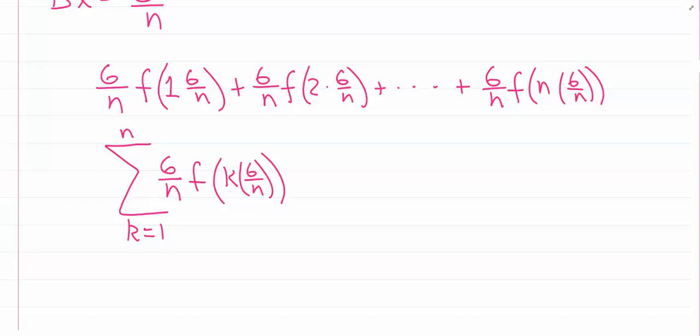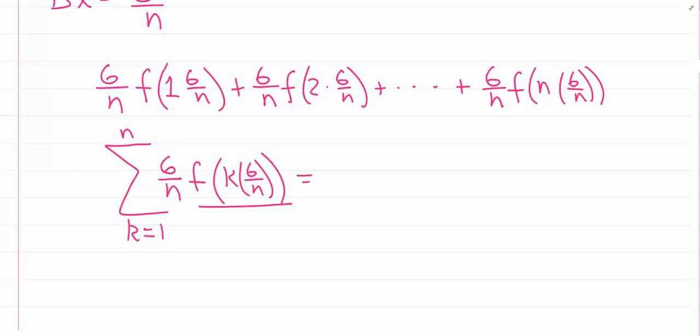Yeah, 6 over n is just a constant. It's not going to change. It doesn't matter. Now look, here's what 6 over n is. 6 over n is delta x. It's delta x.